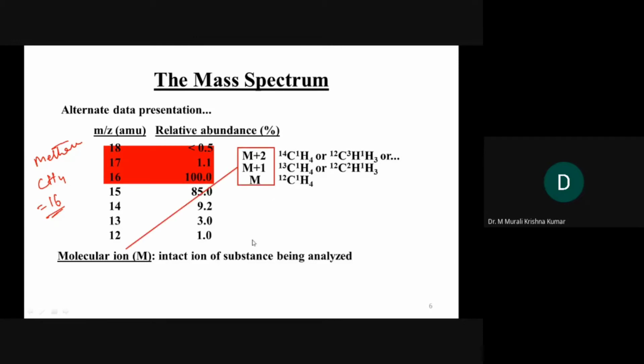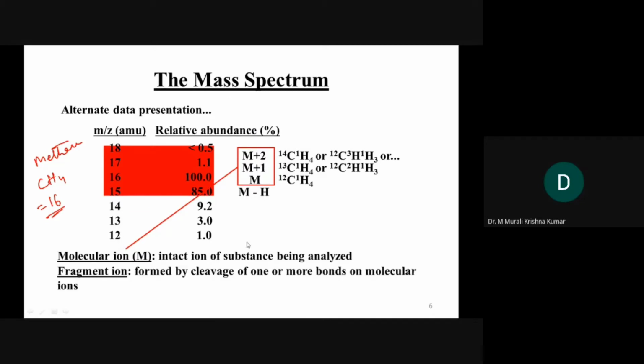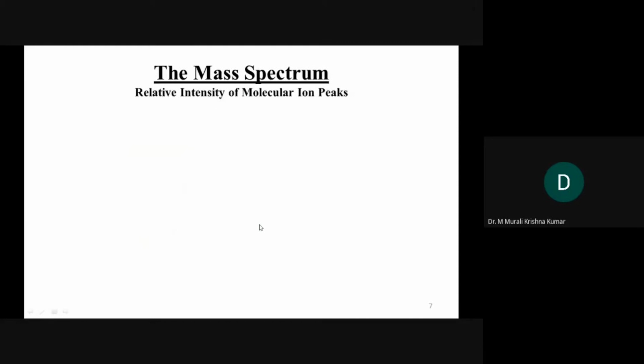So these are all the ions that we have. The remaining ones, 15, 14, 13, 12, whatever we have over here, those are what we call fragment ions. So this is the M+ ion. These are all fragment ions. Now, relative intensity.